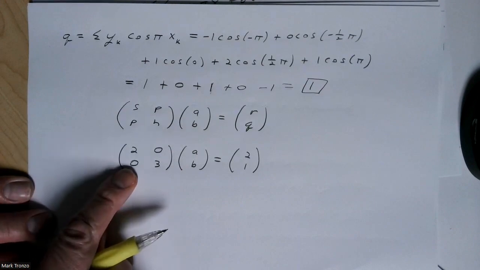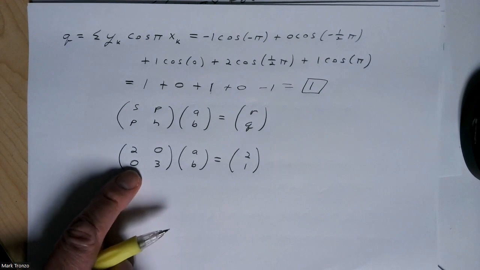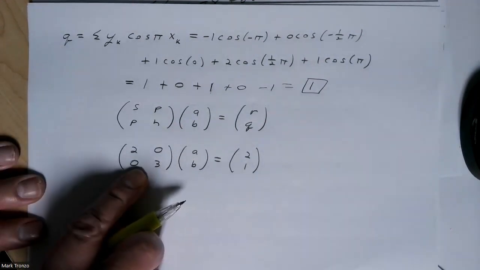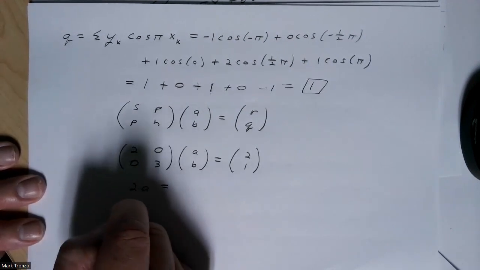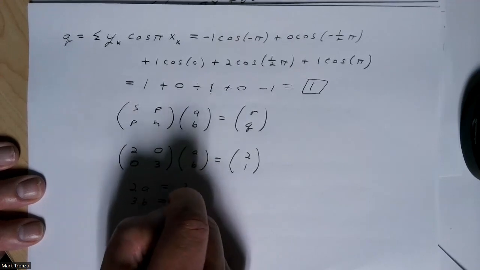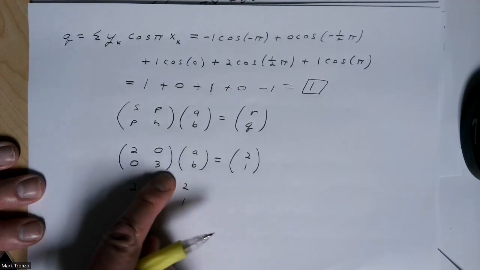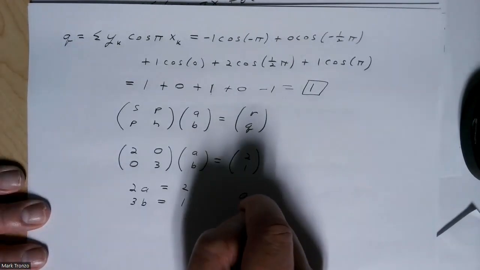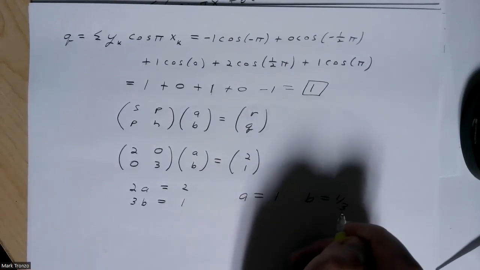And now the inverse of something like this, you can go ahead and double check. There's several ways to solve this. Probably the easiest way would be just to multiply this through, because there's zeros here. So this is just going to be 2a and then 3b. Multiply it. 2a is equal to 2. 3b is equal to 1. So it looks like our answers are a equal 1, and b is going to be equal to 1/3.